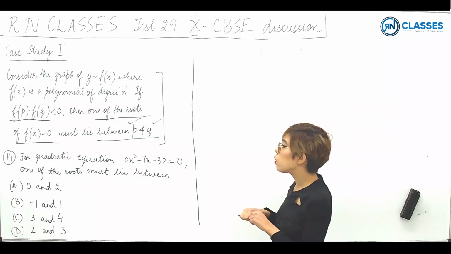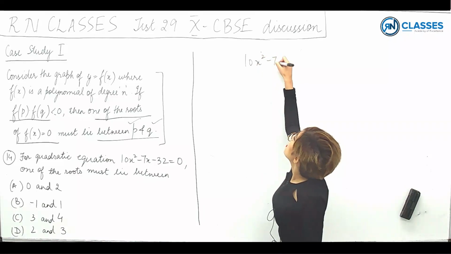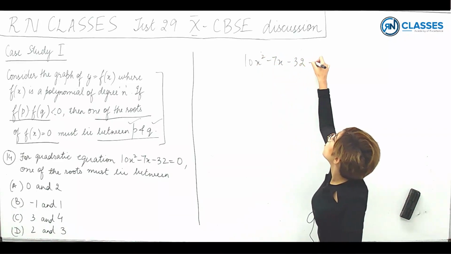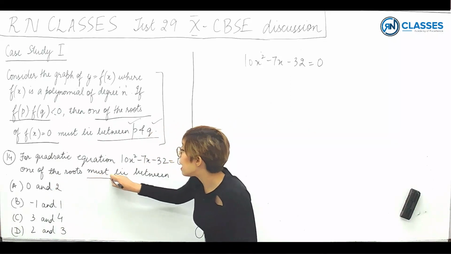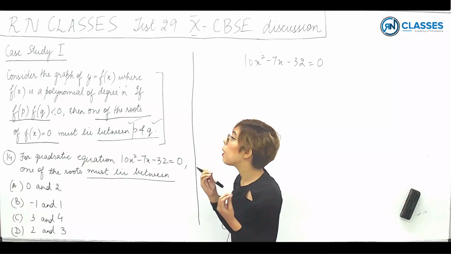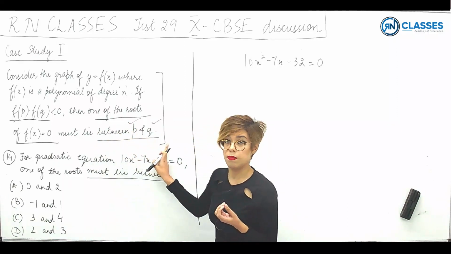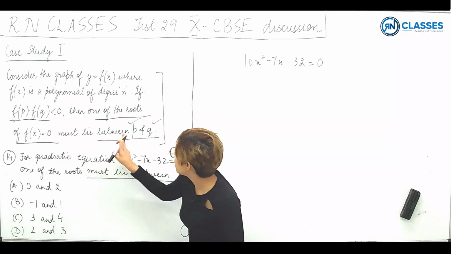Now he says, for the quadratic equation 10x squared minus 7x minus 32 equal to 0, one of the roots must lie between, and the options are given, right? So he is talking about the roots lying between these. Now, first option, consider 0 and 2. Must lie between p and q.